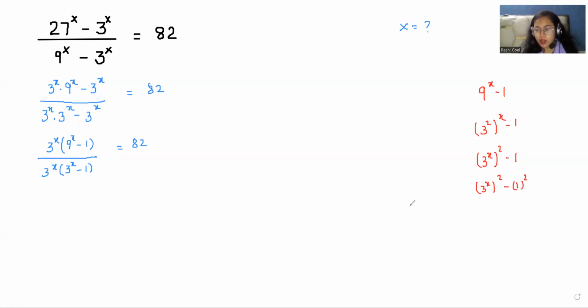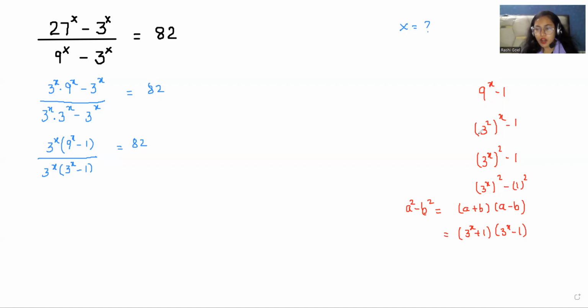So we have the formula that a square minus b square is equal to (a plus b)(a minus b). Here 3^x is a and 1 is b. So I can write it as (3^x plus 1)(3^x minus 1).